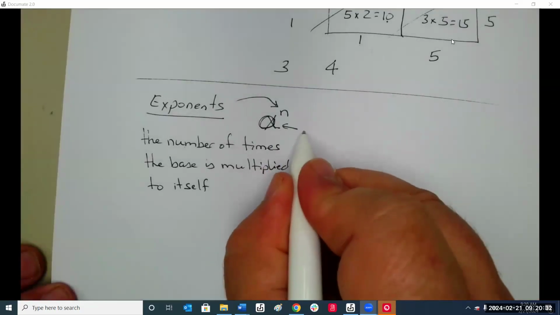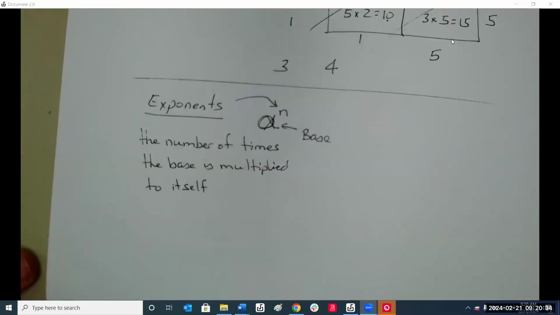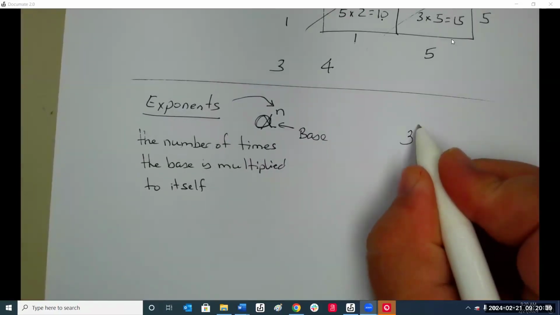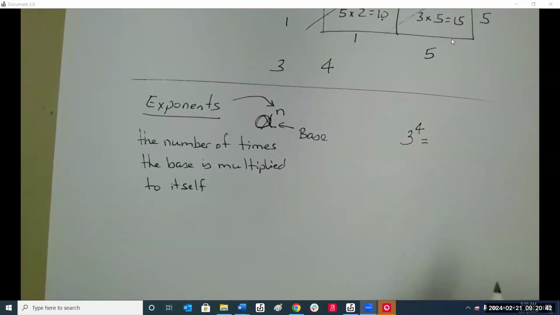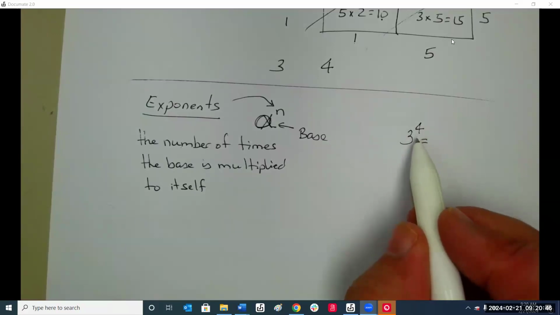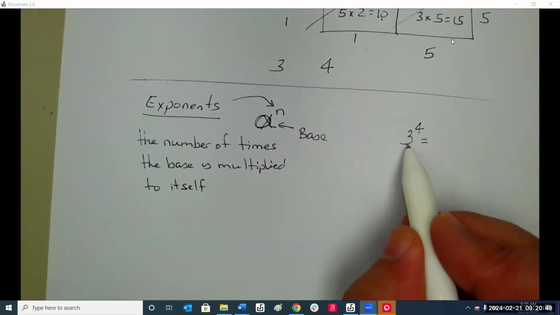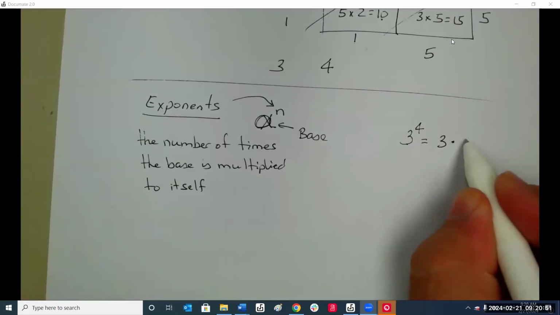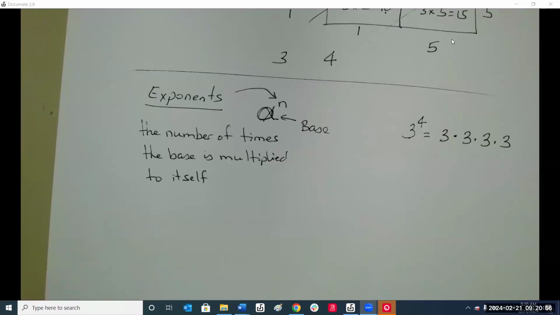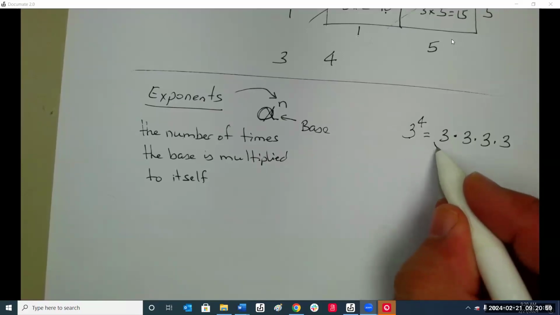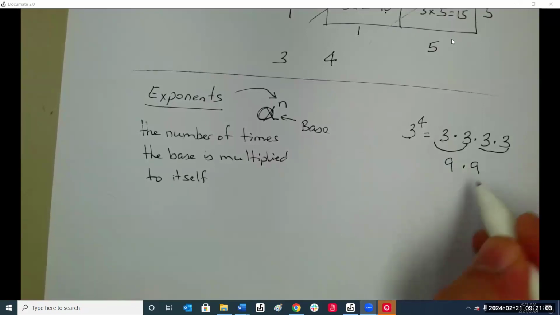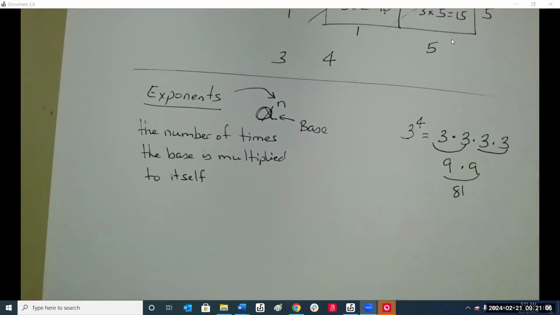This is the base. The base is 3. Exponent is 4. So it says I multiply the base to itself 4 times. 3 times 3 times 3 times 3. 3 times 3 is 9. 3 times 3 is 9. 9 times 9, 81.